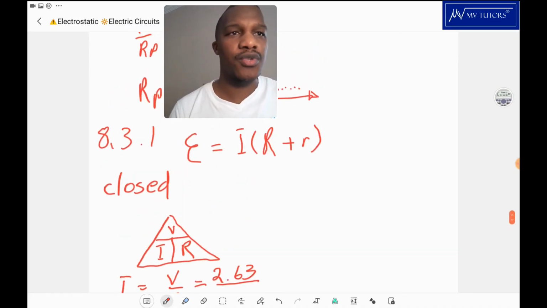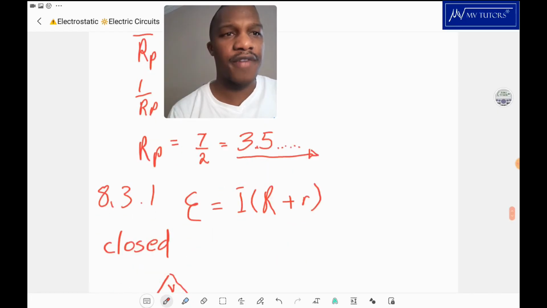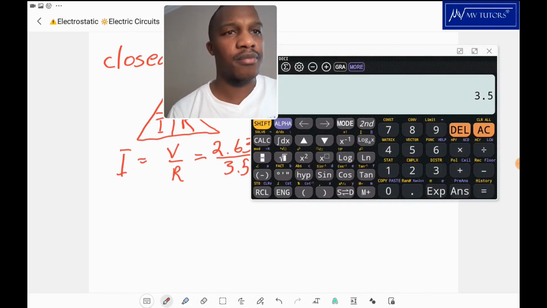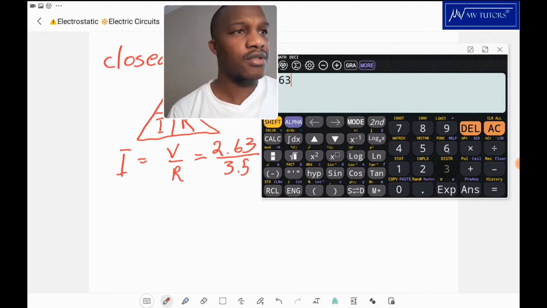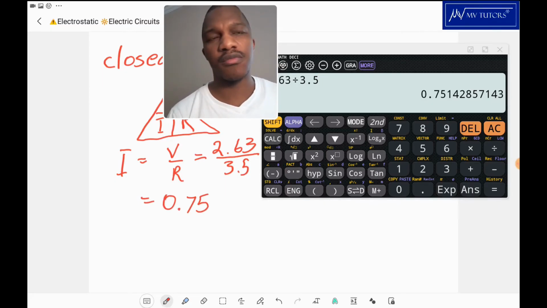It's the one that we solved above, which is 3.5. All right, so let's quickly put that in the calculator. We have 2.63 divided by 3.5. So that's going to be equal to 0.75. Let's just take 2 decimal places.